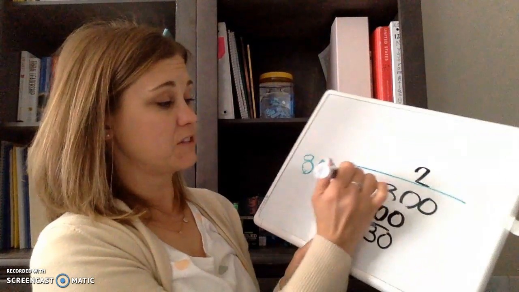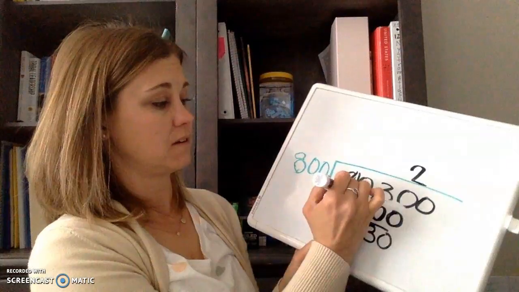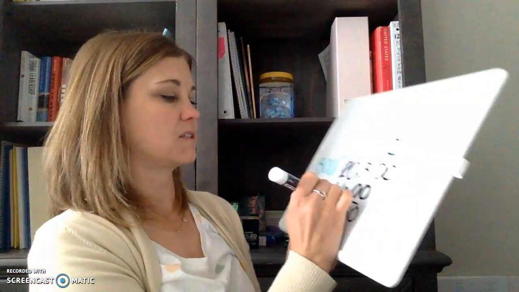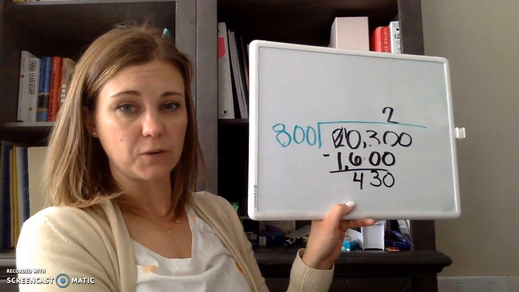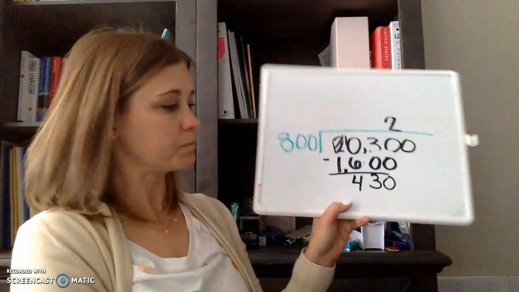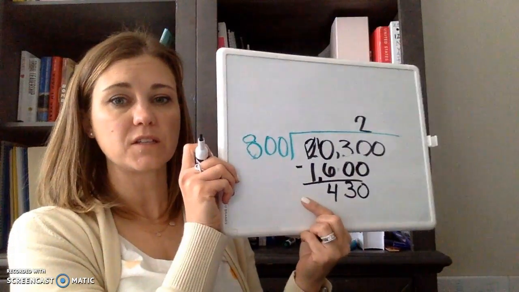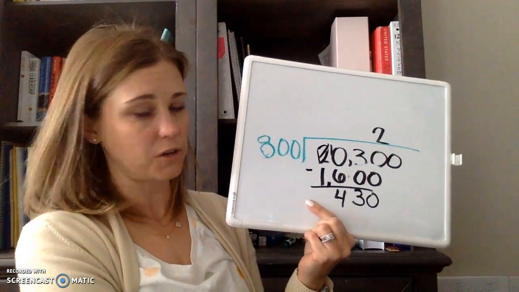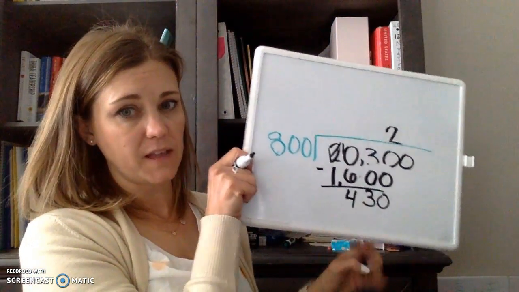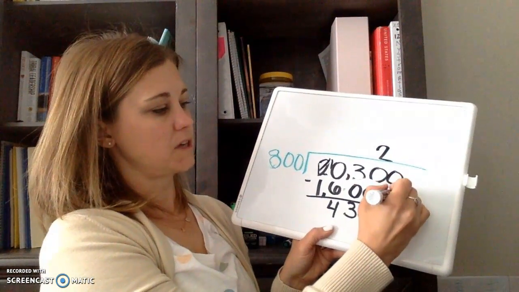Did you get that? I have to borrow to make that my 10. 10 take away 6 is 4, and then 1 take away 1 is 0. So I have 430. All right, so I know that I went high enough because I can't fit 800 into 430, but I have to remember this last 0 down here. So I'm going to drop it down.